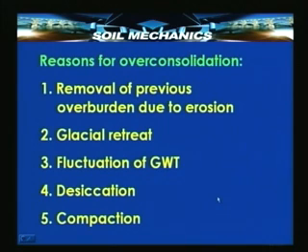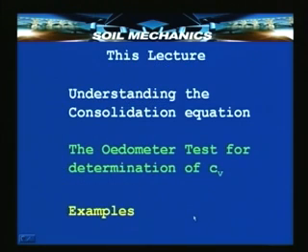There are many reasons for over consolidation. I have explained particularly the glacial retreat as the main reason. There are other reasons as well. So, in this lecture we have understood the importance of the consolidation equation. We have seen how the odometer test can be used for determination of the coefficient of consolidation and also the void ratio changes, and then we have seen a few examples.